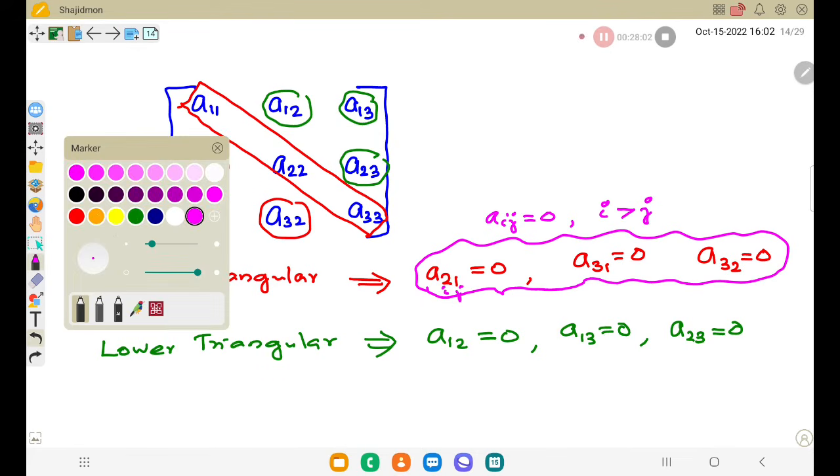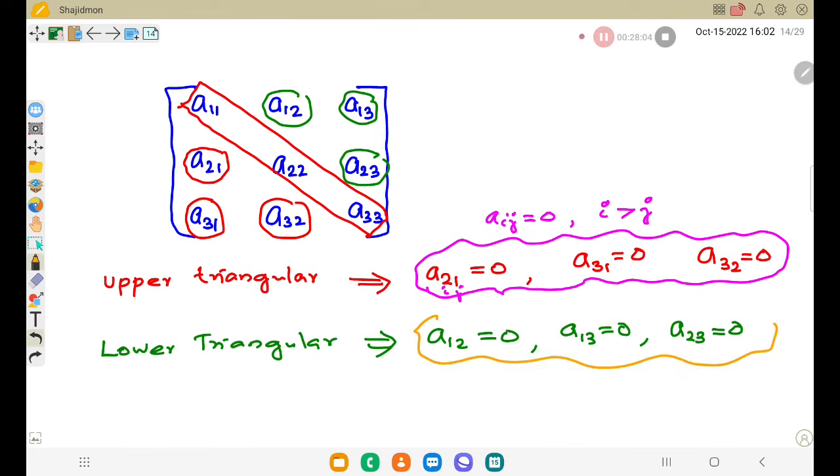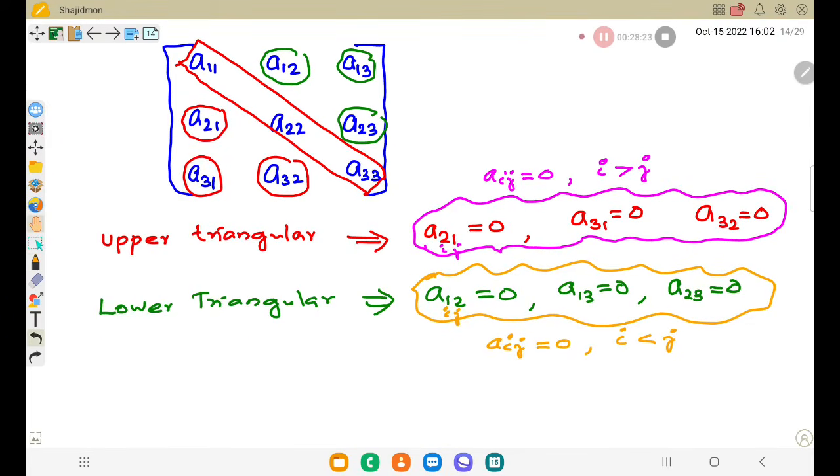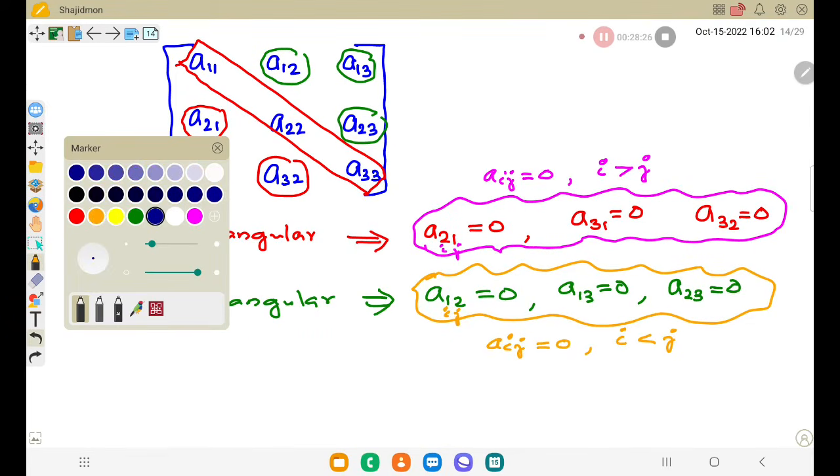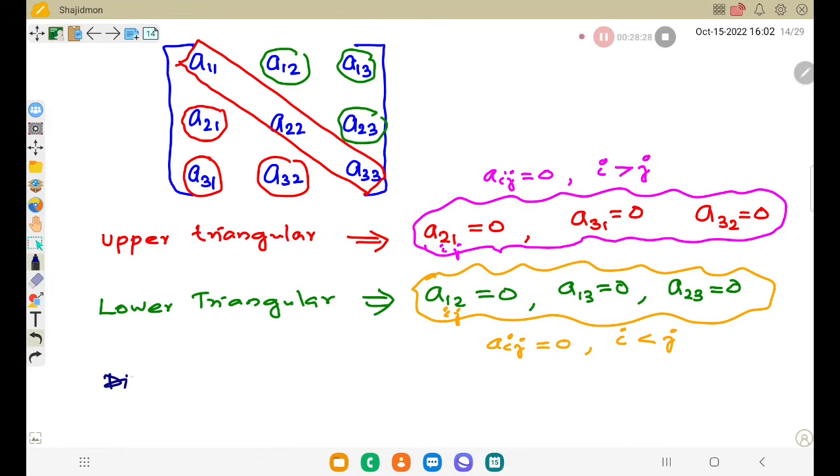Now going to the second one, the lower triangular matrix, you can see the suffixes 1 2, ij, correct? 1 2, 1 3, 2 3. The second number is the bigger number. So how can we write that? Aij equals 0 when i is less than j. That means j is the bigger number. This is the condition for the lower triangular matrix. Now, in the same way I want to write the diagonal matrix, correct? Diagonal matrix.